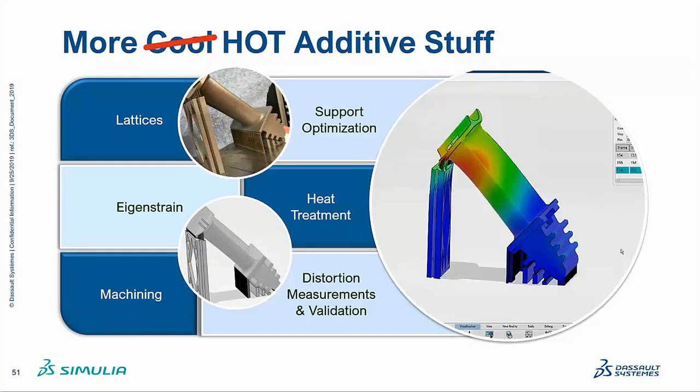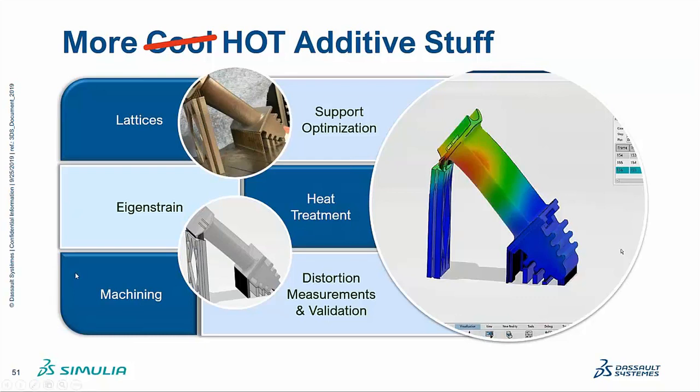So any operation carried out will do something to the stress field, to the strain field, and also to the structure of the material itself. But these are all topics that the framework for additive manufacturing simulation allows you to handle.